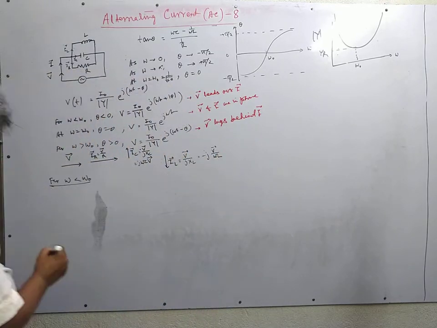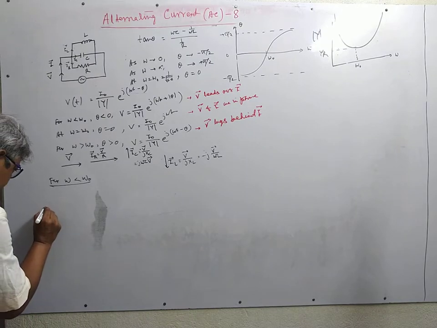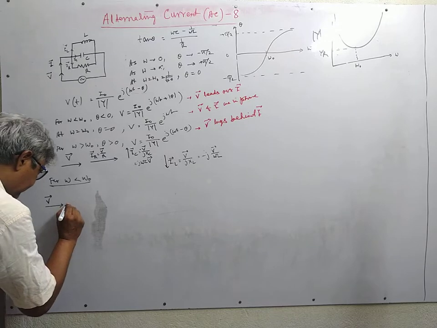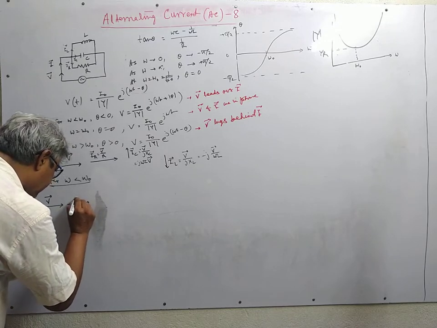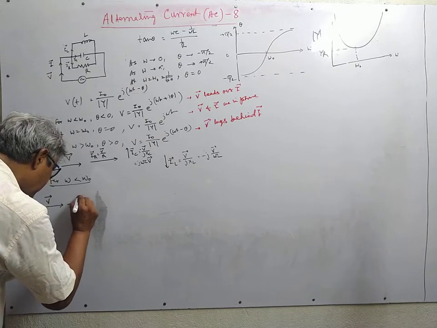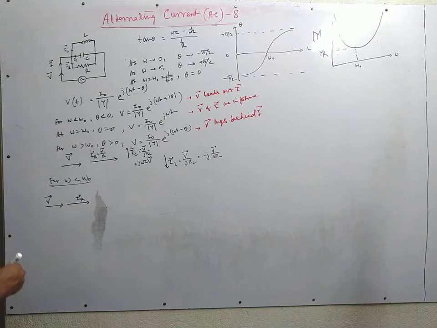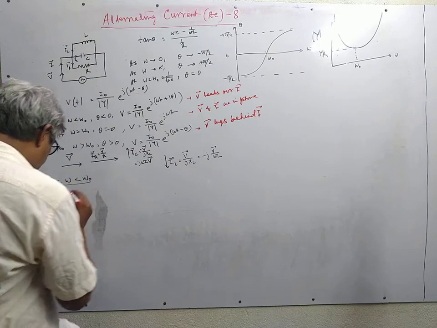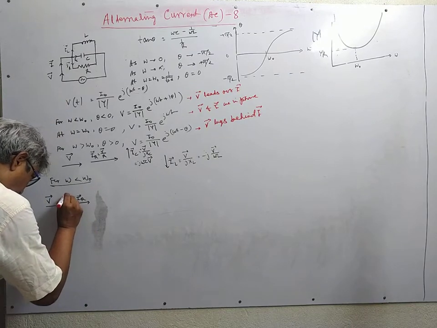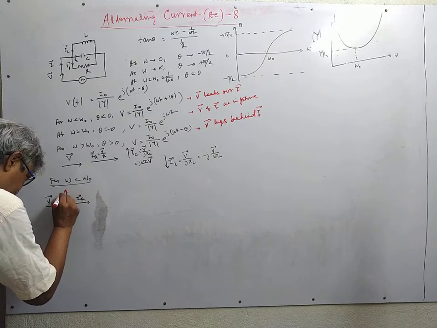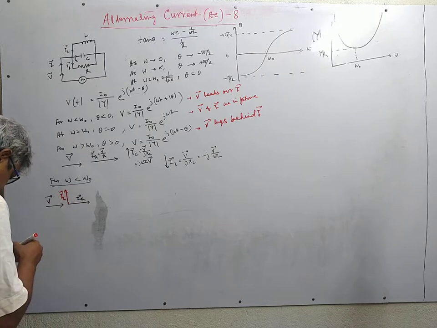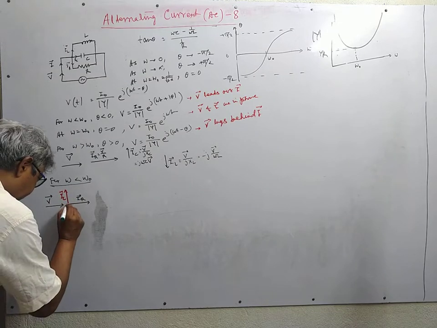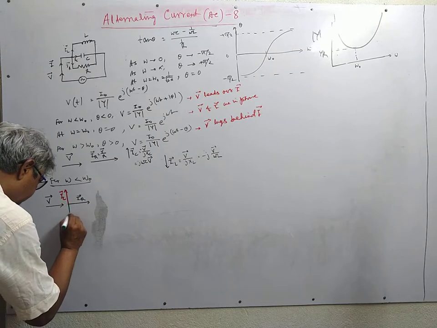So we have this applied voltage phasor, this is the IR phasor, this is IC phasor, which is smaller in magnitude, and this is IL phasor, which is higher in magnitude.